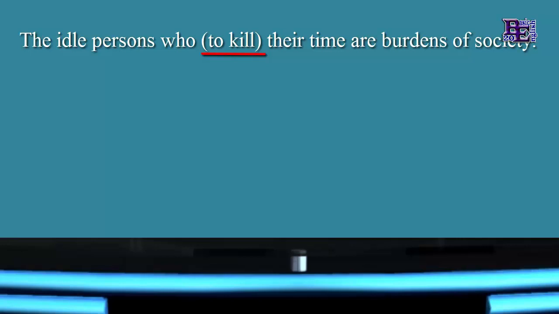So here you will get a relative pronoun, that is who, and before the relative pronoun you will get a noun, that is the idle persons. Here the idle persons are the antecedent of who. So here we have to use the verb according to the subject before the relative pronoun, that is the idle persons. This one is the main subject, and this is a proven fact of the society. So in case of fact we have to use the base form of the verb.